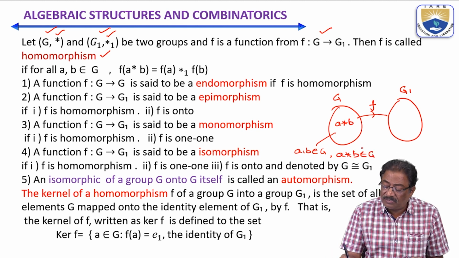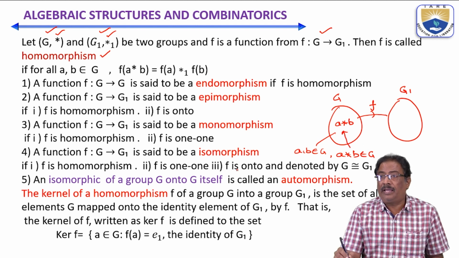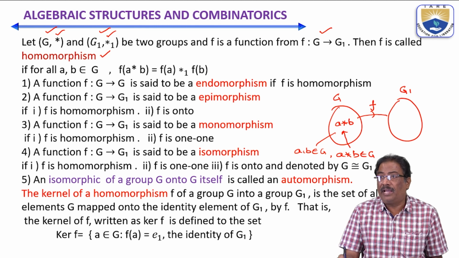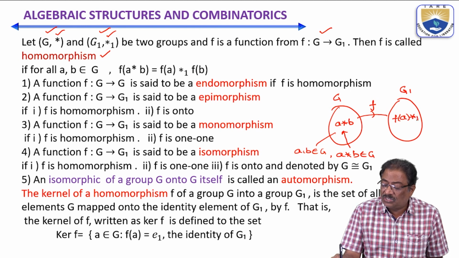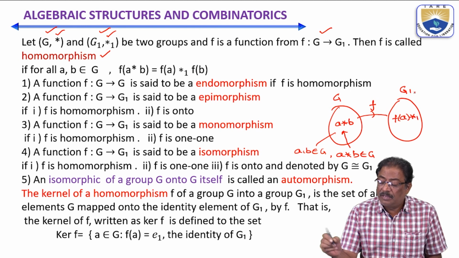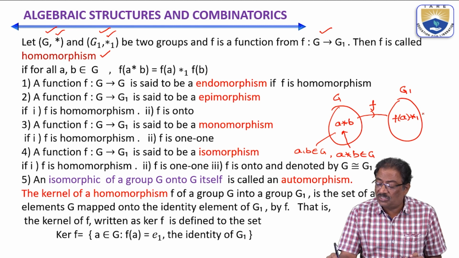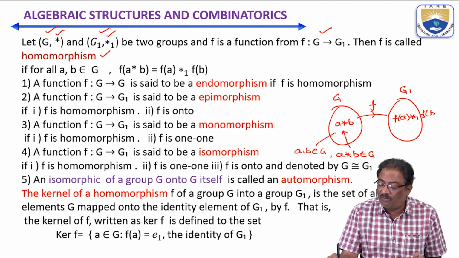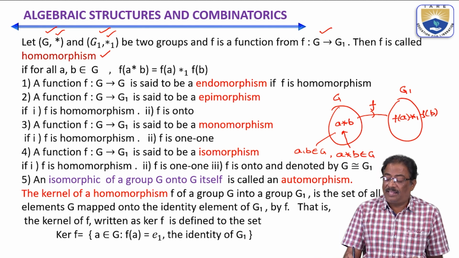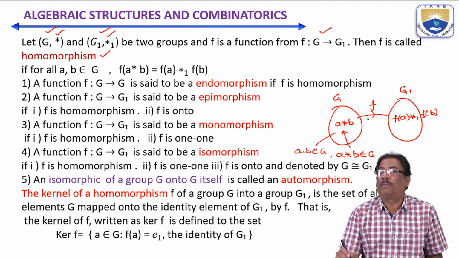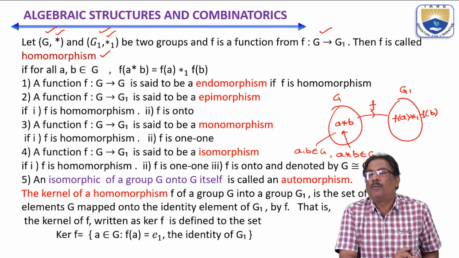And it has an image, f of a star b. If f of a star b equals f of a star 1 f of b, then we can say that the mapping is a homomorphism.